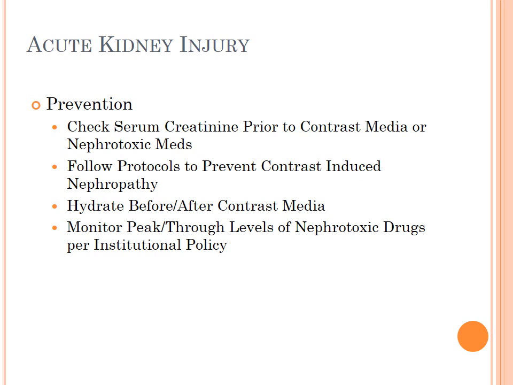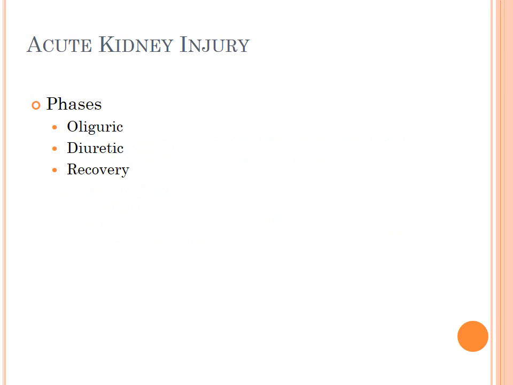So prevention can include those protocols for contrast-induced nephropathy, assessing for allergy, hydration, and for assessing serum creatinine clearance prior to giving either contrast or any of the nephrotoxic medications. Peak and trough levels of your nephrotoxic antibiotics are performed. And this is all to prevent acute kidney injury.